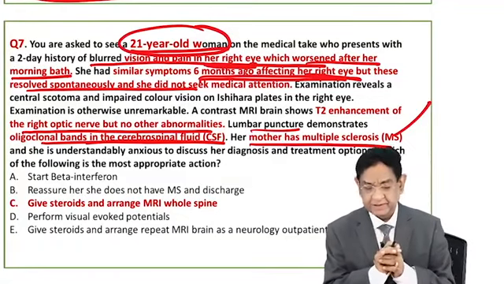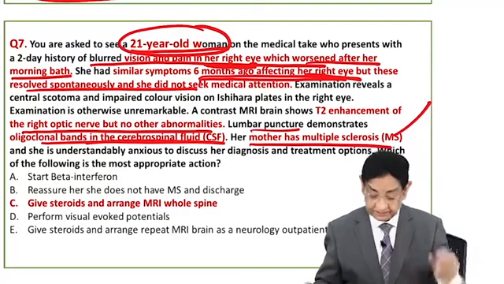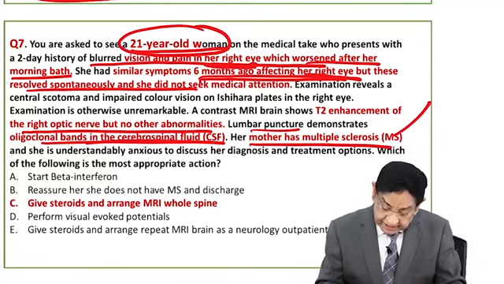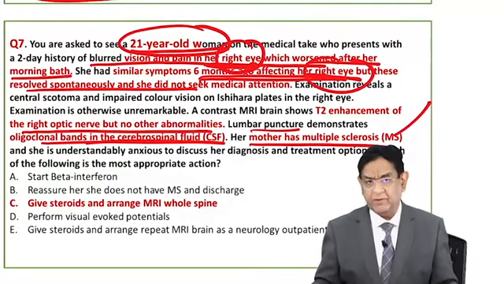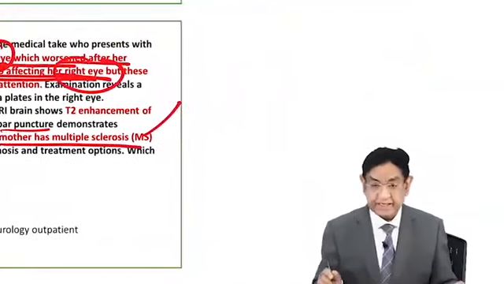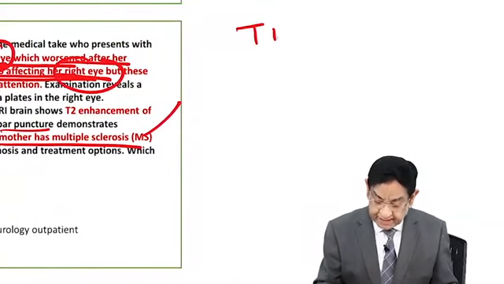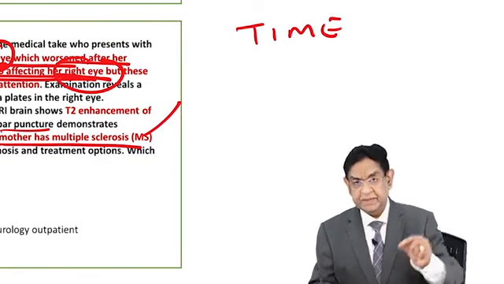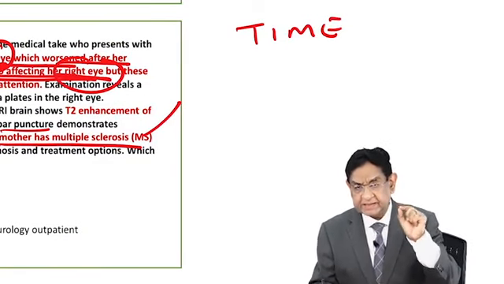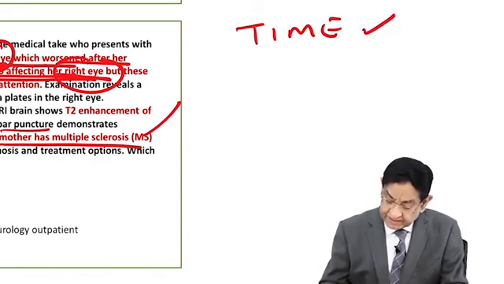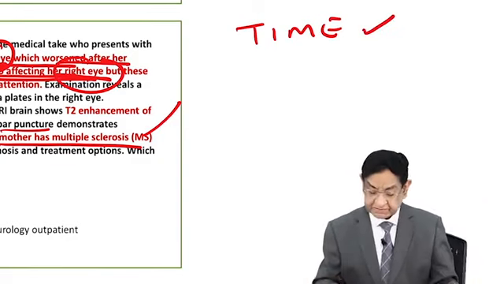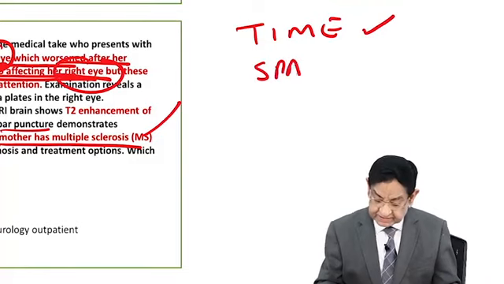Agreed. But that is not the answer. Here there is right eye and right eye. That means she has two attacks of eye involvement. So there is a time gap, 6 months apart. But the site remains the same. That means there is a time gap, but the space, the site, remains the same.